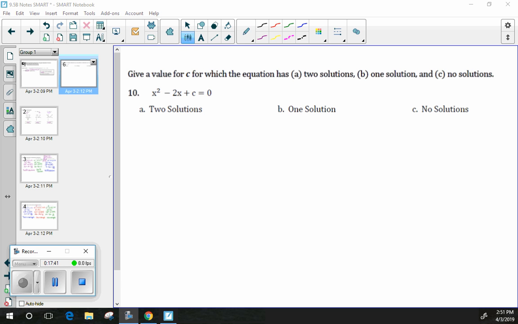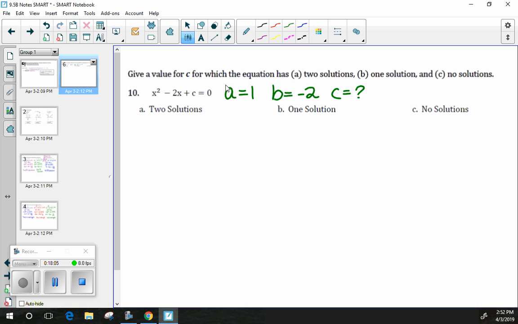So if you need a little bit of guidance on this, think about this, right? So I know that we don't have a C value, but do we have an A value? What about B? Yeah, so we have those. That might be a good start, right? So we know A is going to be 1, and we know B is going to be a negative 2. C is the one that we're missing or we have flexibility to choose, right?